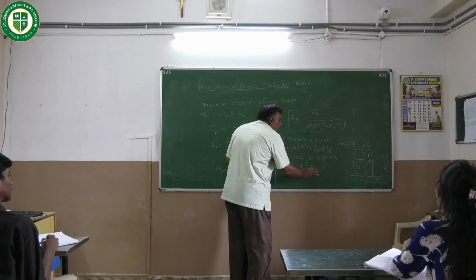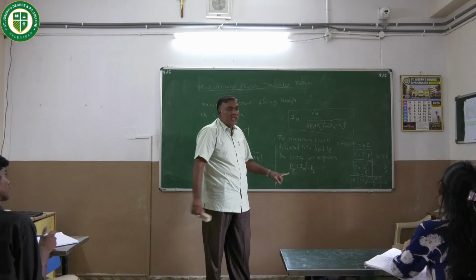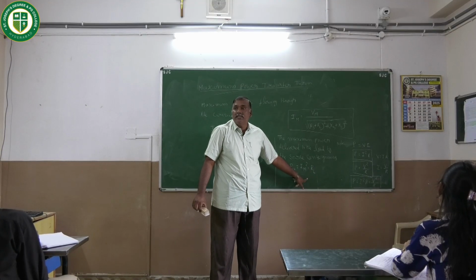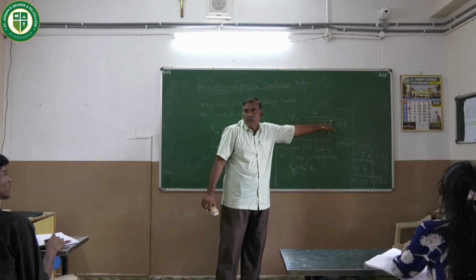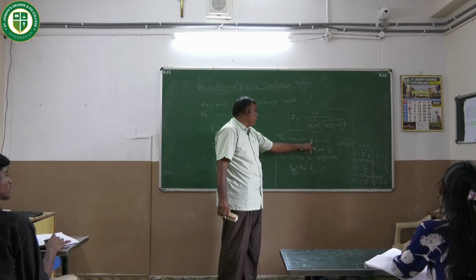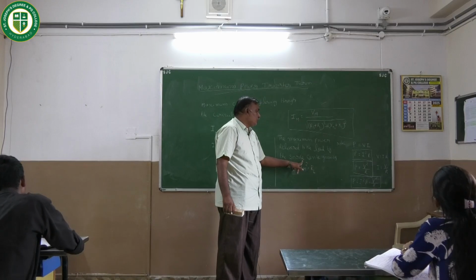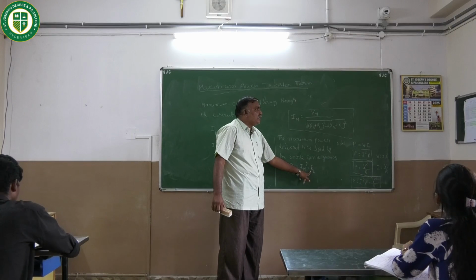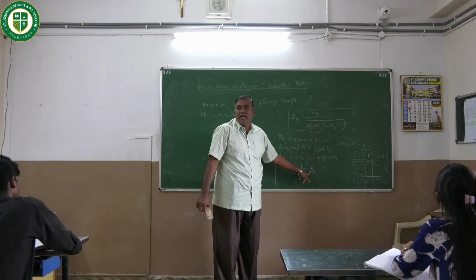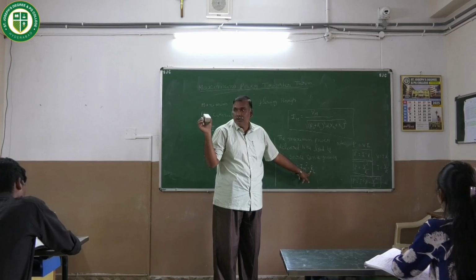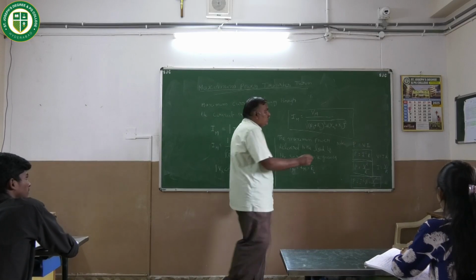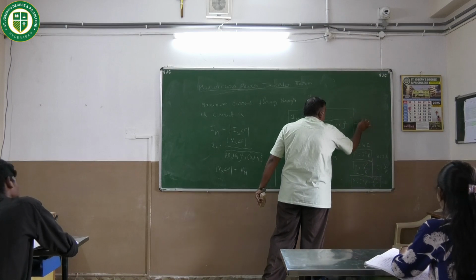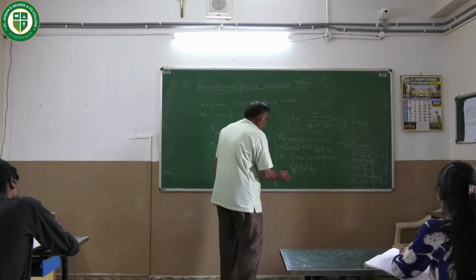Why am I taking RL? Because I want to calculate the power that is delivered to the load. That's the maximum power delivered to the load by the source. So in place of R we are replacing RL because we are finding out the maximum power delivered to the load by the source. So PM is equal to IM square into RL. Name this as equation 1.